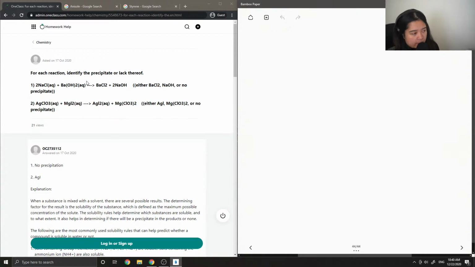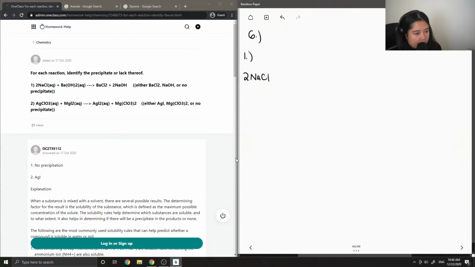Okay, so for this question, they want us to identify the precipitate or lack thereof. So precipitate means like a solid is formed in the solution. So that means, in other words, it is not soluble. So let's start off by writing out the first reaction.